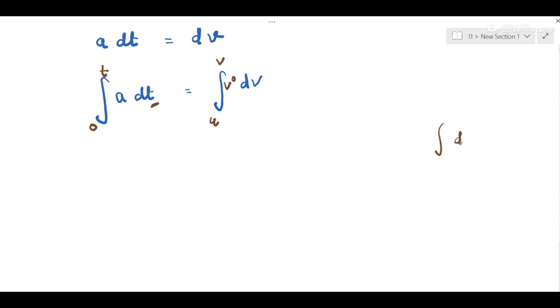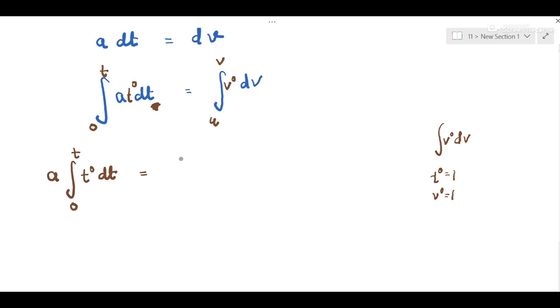Here there is also no term of time, so we'll write t to the power 0. t to the power 0 is 1, v to the power 0 is also 1. So we'll write a outside, t to the power 0 dt, time from 0 to t.